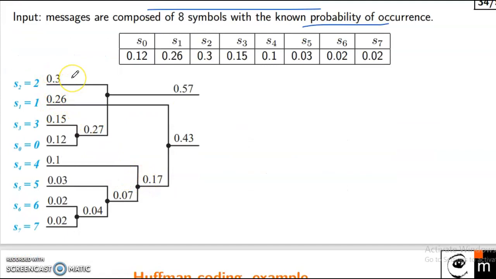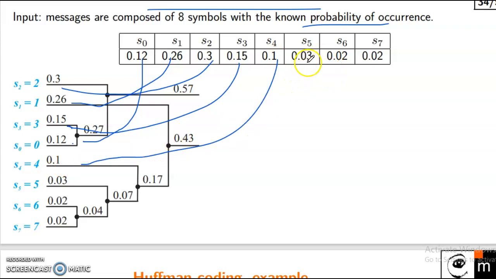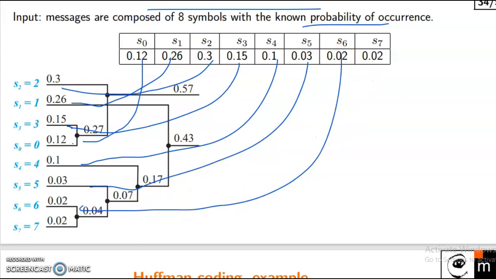Here S0, S2, 0.26, 0.15, 0.2, 0.12, 0.1, 0.03, 0.02, and 0.2.